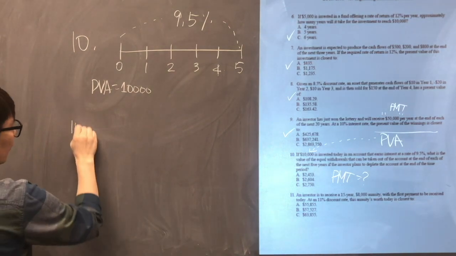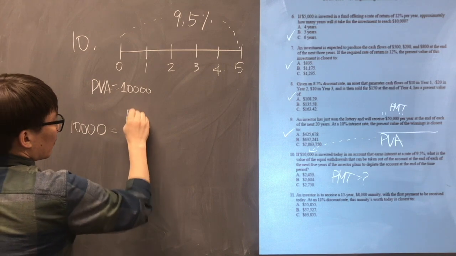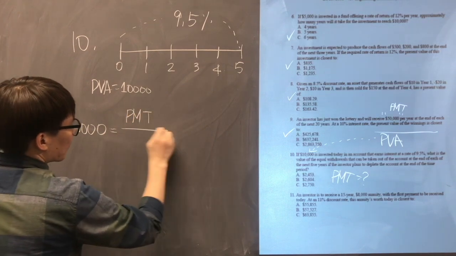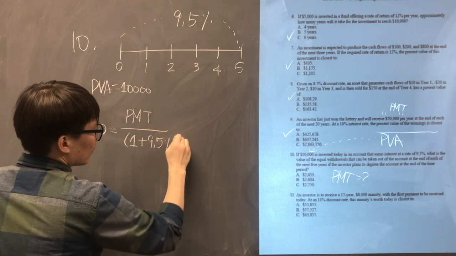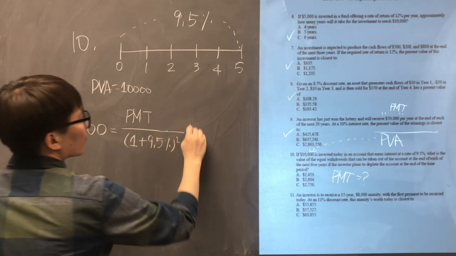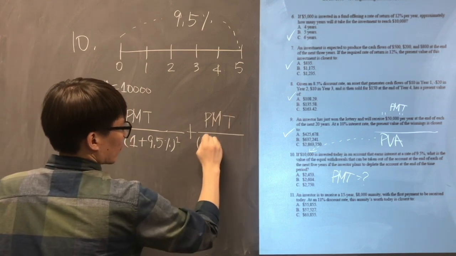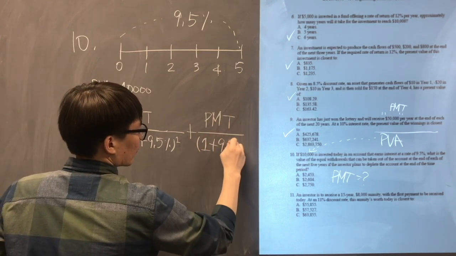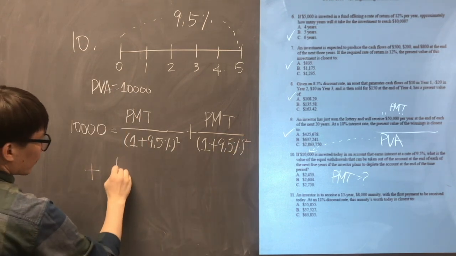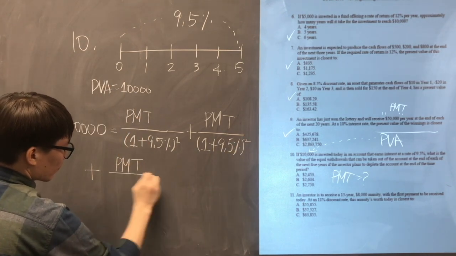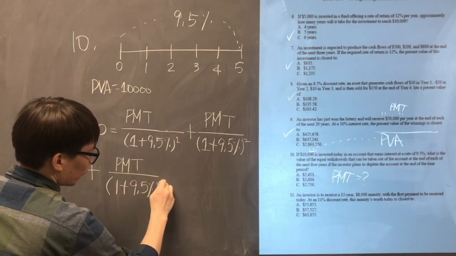Now, 10,000 equals what? Payment or PMT divided by 1 plus 9.5%, year 1. Year 2. Year 3.